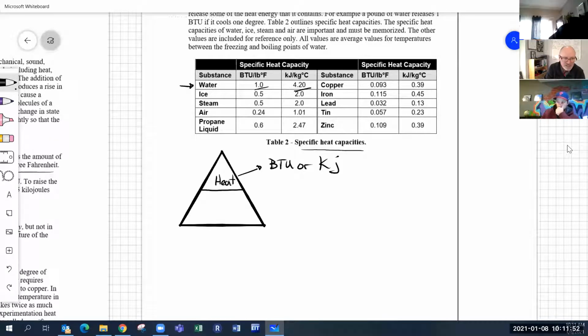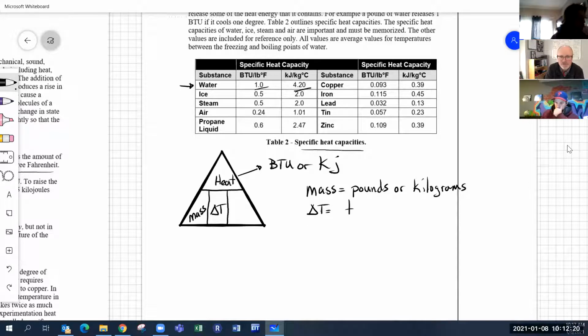So the heat is equal to the mass, and mass has to be either pounds or kilograms, times the delta T. So delta T is the temperature difference, times the specific heat capacity of the substance we're using.